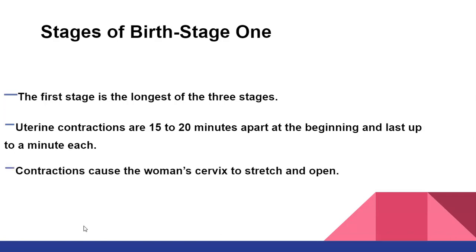The reason why women have contractions is because the woman's cervix has to stretch and open. Initially, the cervix is closed when a child is in the mother's womb during prenatal development. But in order for the child to be born, the cervix has to open, so that the entire body of the baby can move through the woman's cervix and eventually be born.